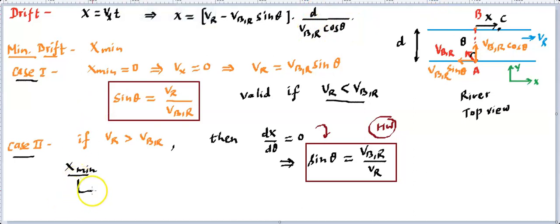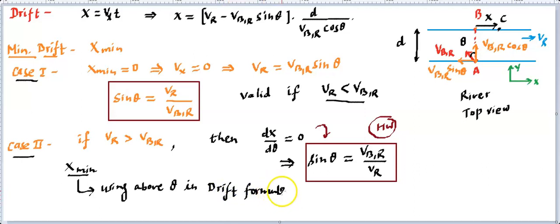So how are we going to get this x minimum? In the drift formula, which is written at the top, we place the theta we have calculated above, and we get our x minimum.